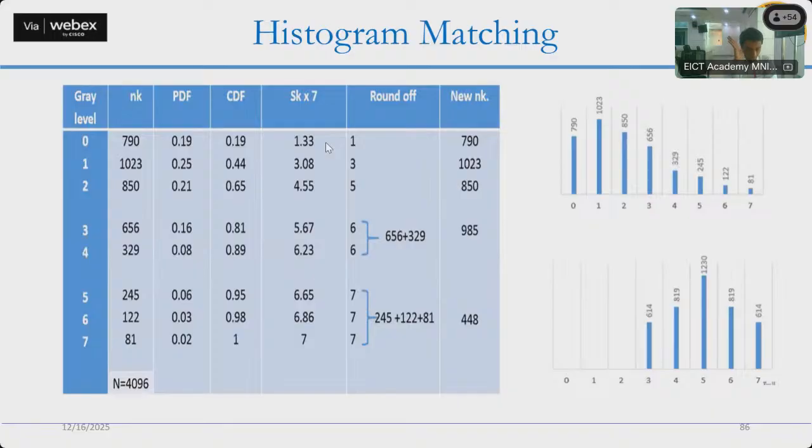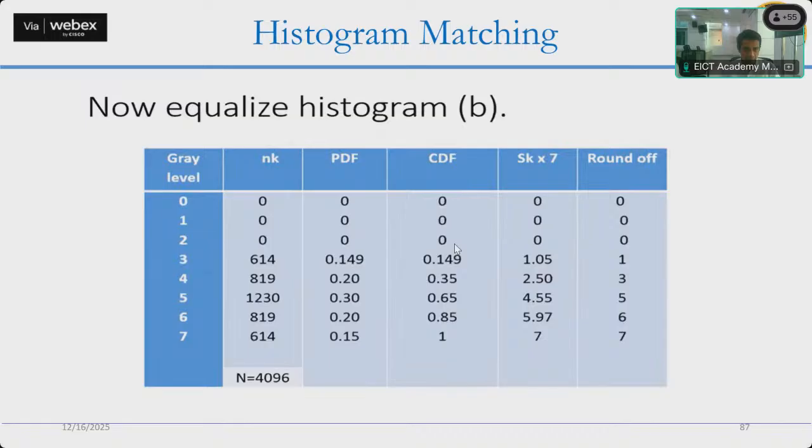So after round off, these values are given, then when it is 6 we will add up to 7. Again we will add up, and thereafter we will calculate the new nk value.